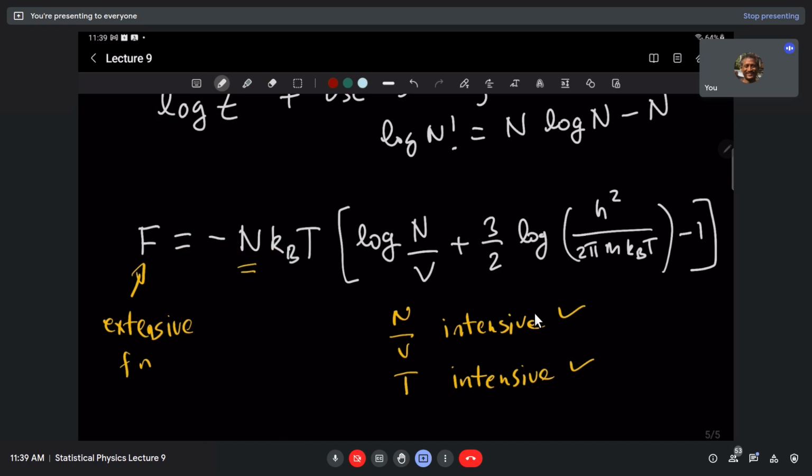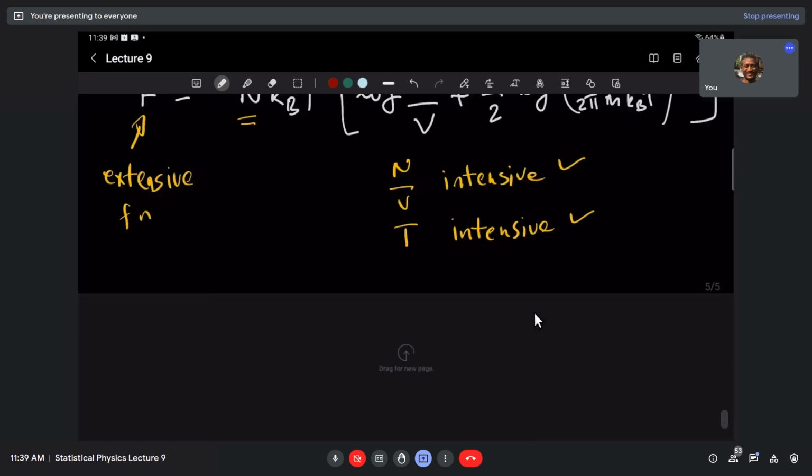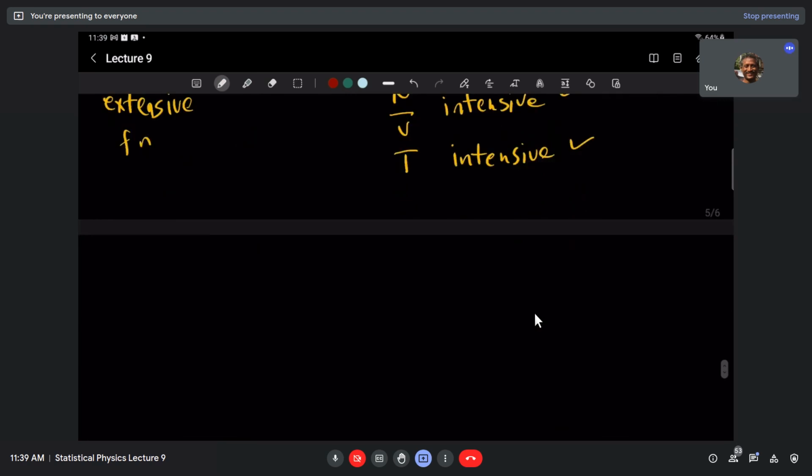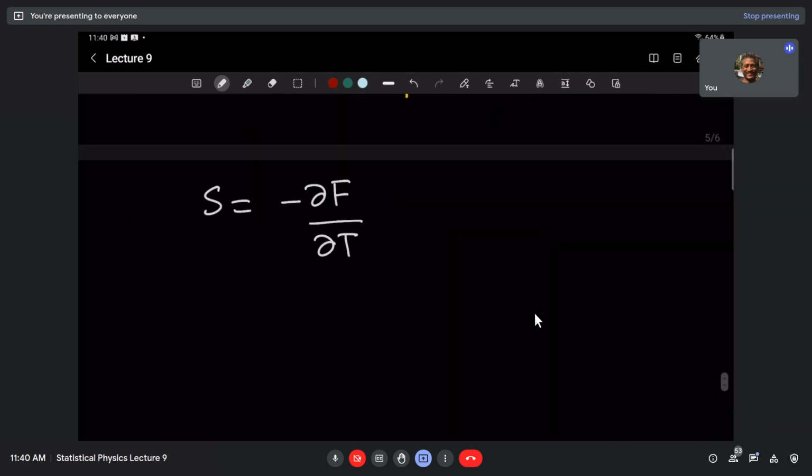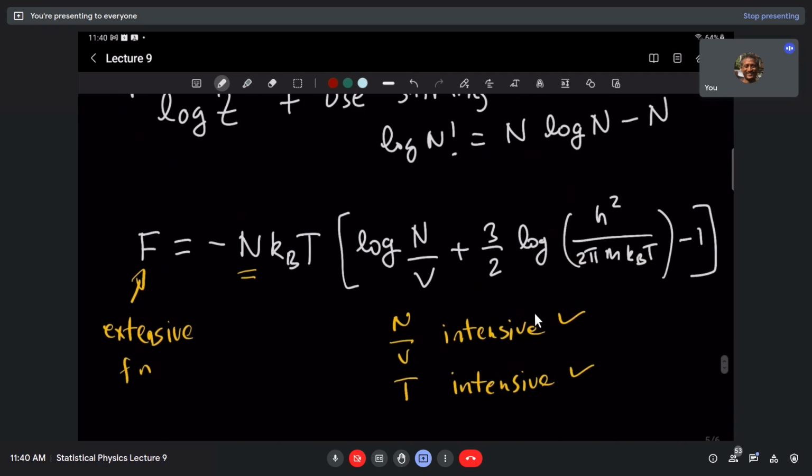So here's another way of understanding why we need the n factorial. Now that we have this formula for F, what was S? Minus dF by dT, right? Isn't that what we got? Keeping everything else constant. So you can see there are some terms coming. There's one coming from here, and further there's another T out here. So there are two places where the T comes, so let's just do that.